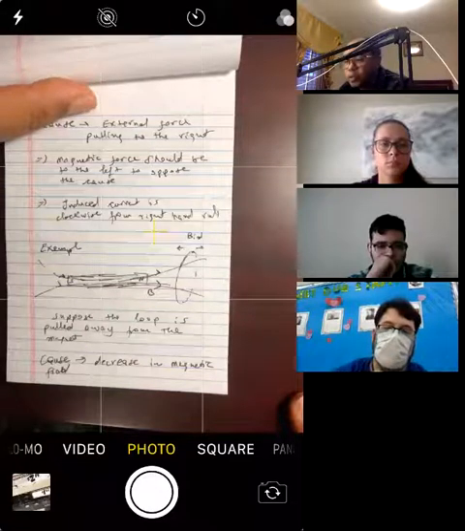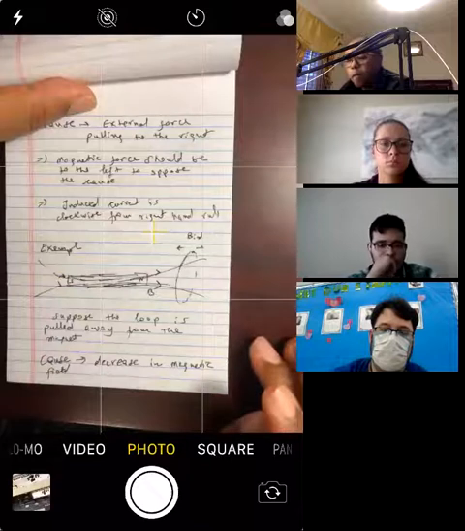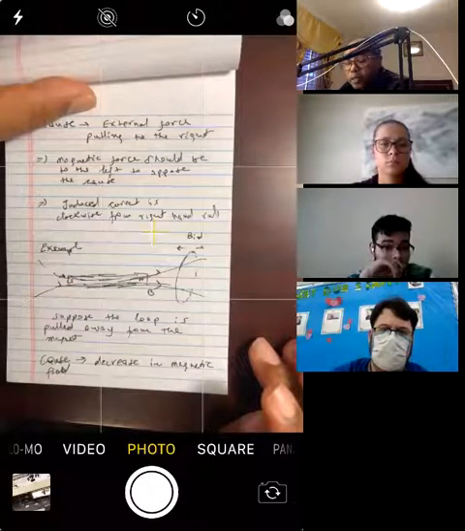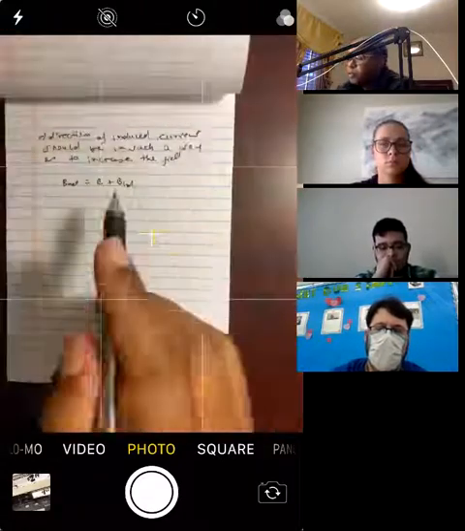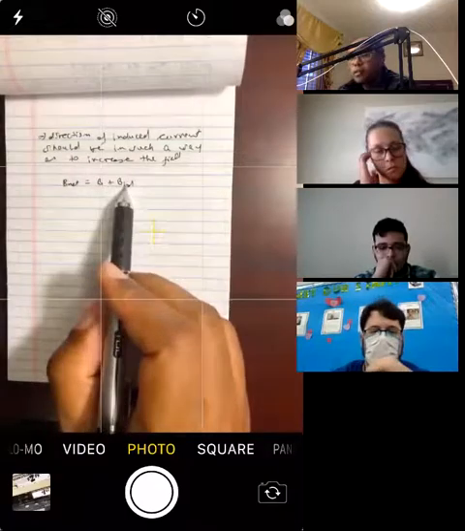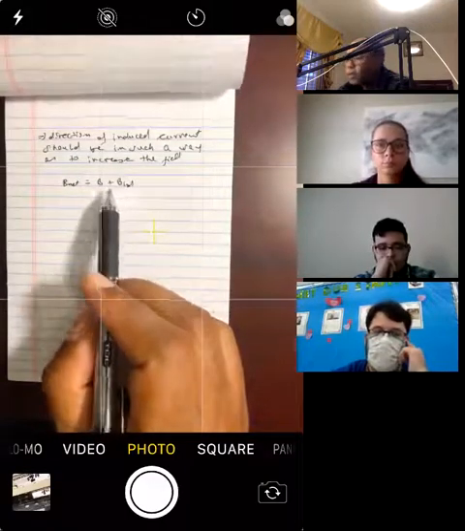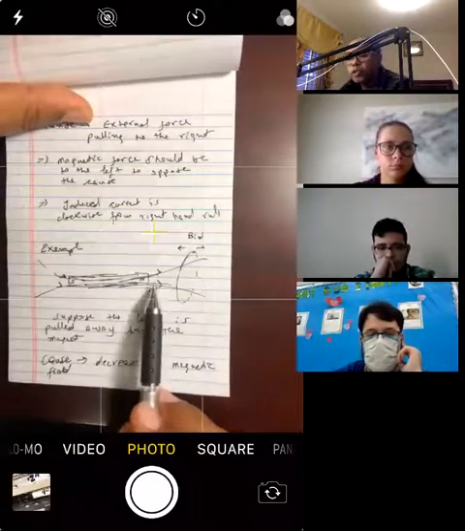Does it increase when it is in the same direction or the opposite direction? To increase it, it has to be parallel to it. If it is parallel, this is plus. If it is opposite, this is minus.